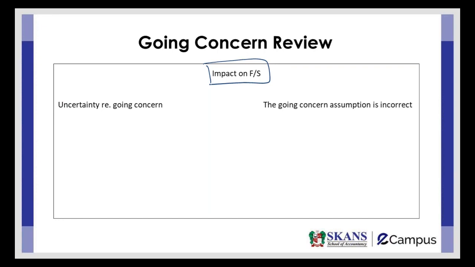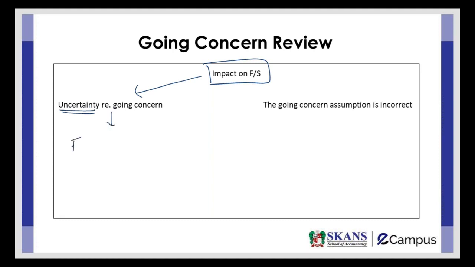Now, this is something that you are expected to know from your prior studies. Please remember that there could be 2 types of impacts on the financial statements. The first one, if there is only an uncertainty. So I'm not sure that the company will shut down, but there's an uncertainty that maybe the company will face a going concern problem.